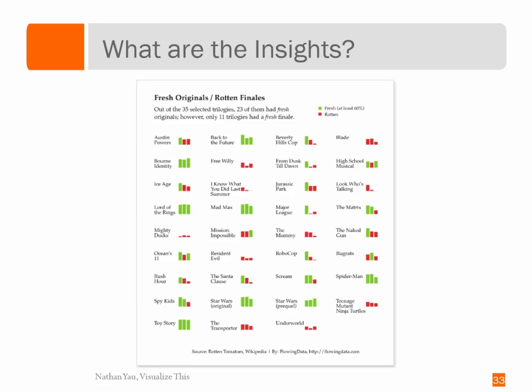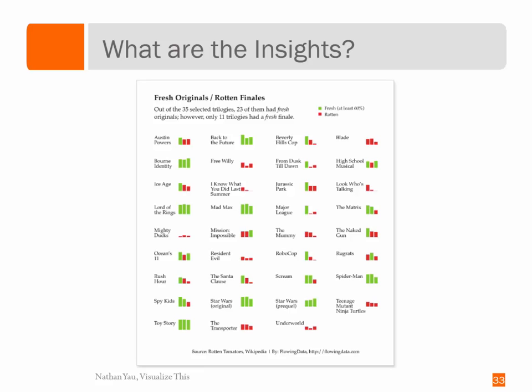So there were 3 movies with the same characters that all led to the next. And the title here is Fresh Originals, Rotten Finale. So it is sort of an analysis of, was the movie good or not?